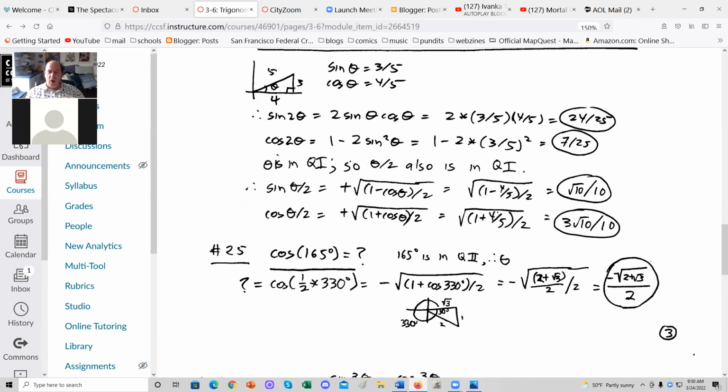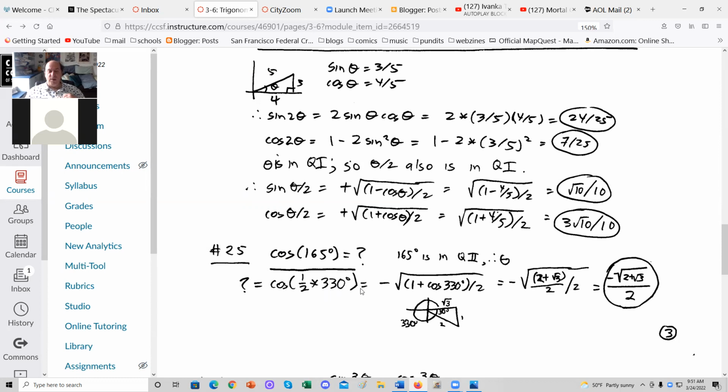Oh, excuse me, quadrant 2. That's half of 330 degrees. Excuse me. 165 is in quadrant 2, so therefore it's a minus for cosine. And 165 is half of 330, from which we can derive the cosine.